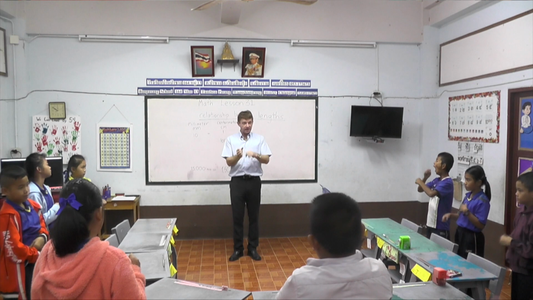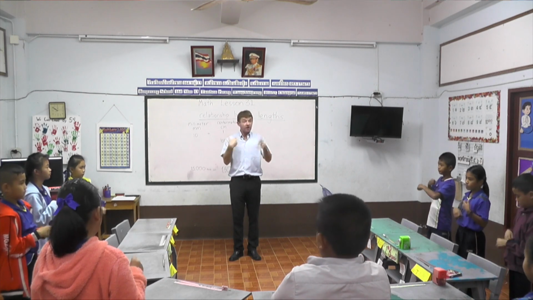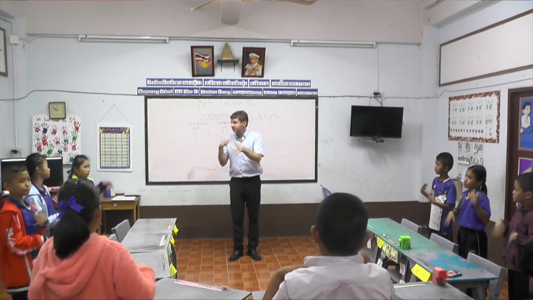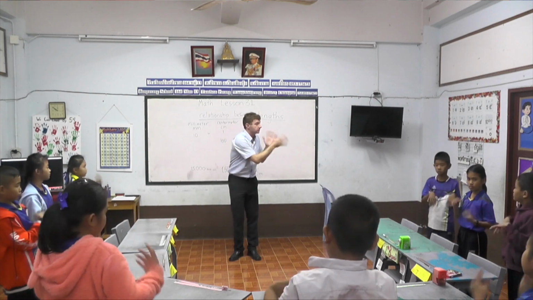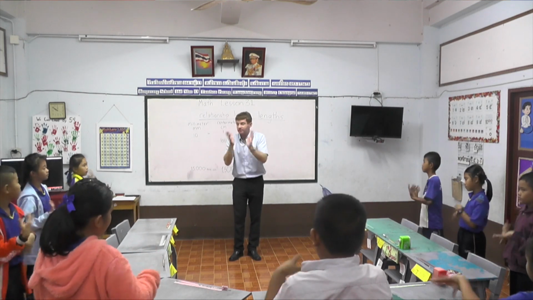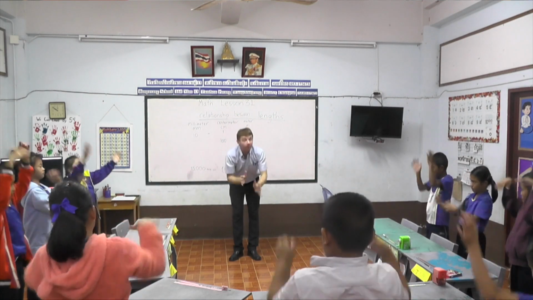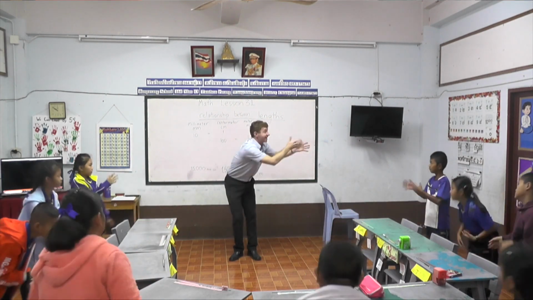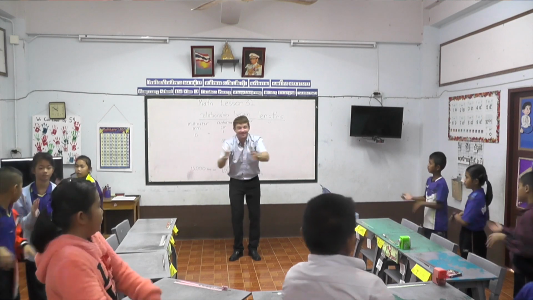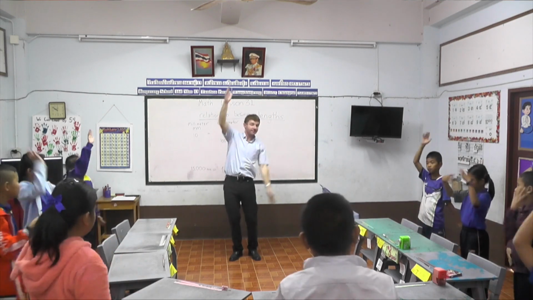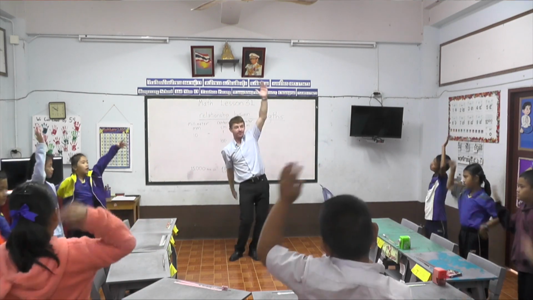So let's exercise our wrists. And we'll shake our hands. Move from side to side. Let's go high. Let's go low. Let's go side to side. Let's go up and down, up and down, up and down.